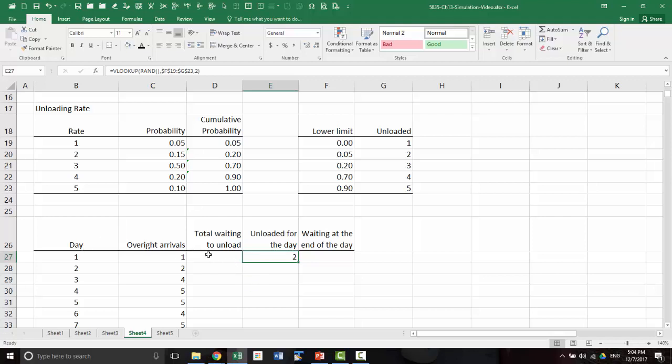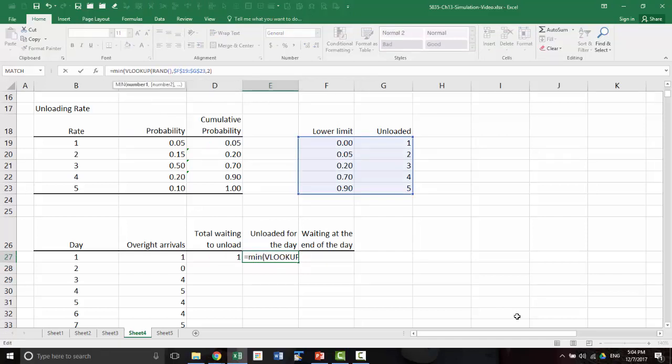So for the very first day, what is available to unload is just the overnight arrival. Okay, that's just 1, right? So you can unload the minimum of what can be unloaded, comma, the actual number of barges waiting to unload. So only the smaller of the two can be unloaded.